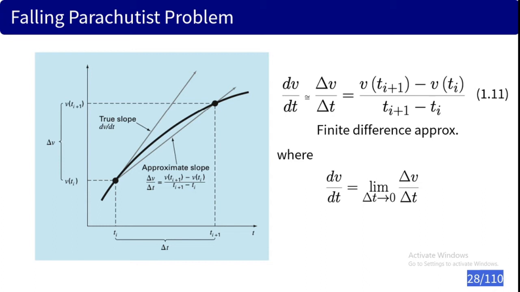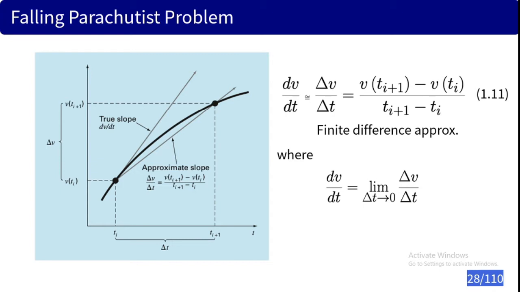So we'll project lines here. We get the derivative of the velocity with respect to t, dv over dt, which is approximately equal to the change in velocity over the change in t.